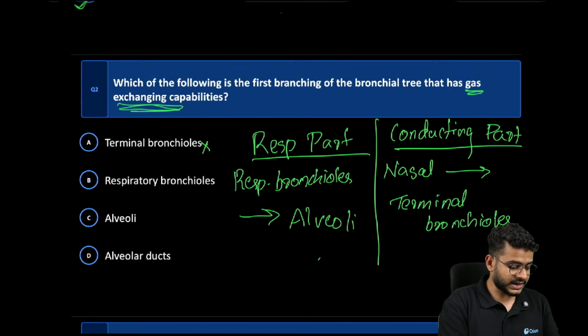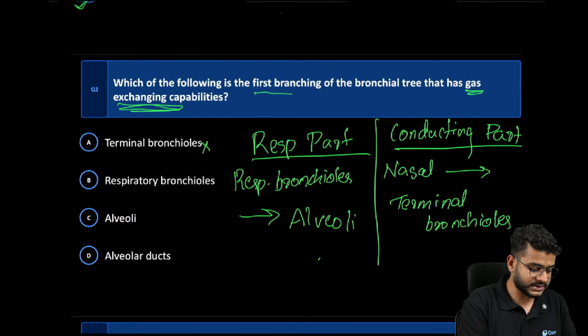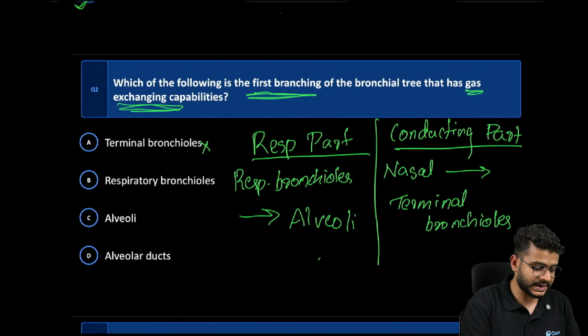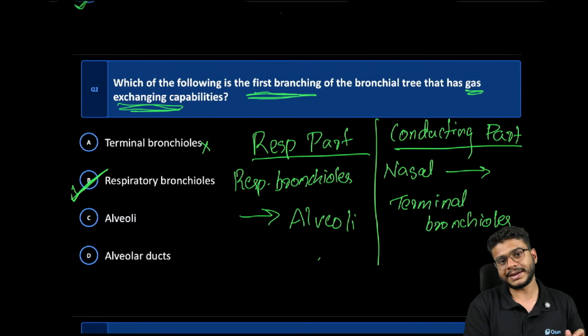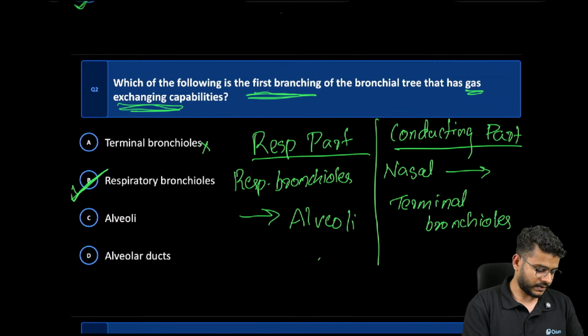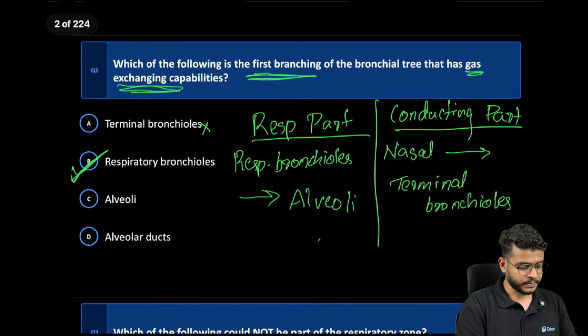The second one is respiratory bronchioles. It is where the respiratory part begins. That's the question: which of the following is the first branching of the bronchial tree that has gaseous exchange, which is respiratory bronchioles. It continues to the alveolar duct, alveolar sac, and then alveoli. Okay, I hope it's clear.